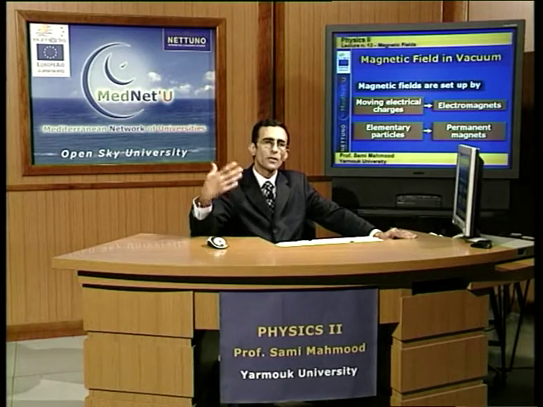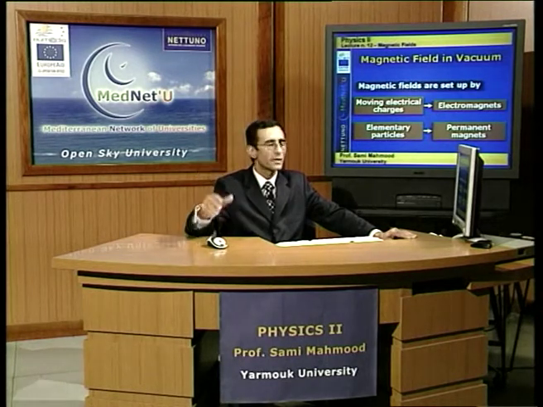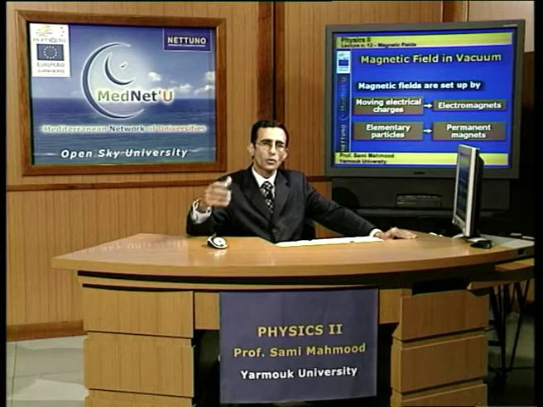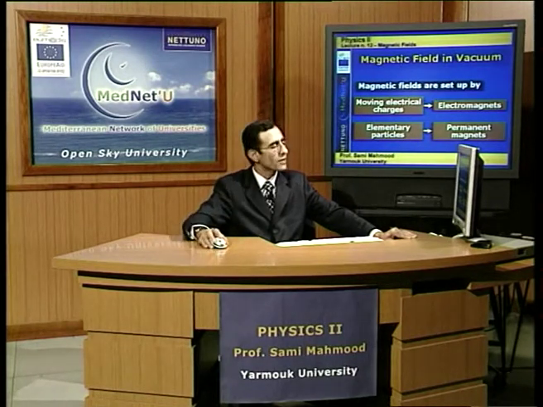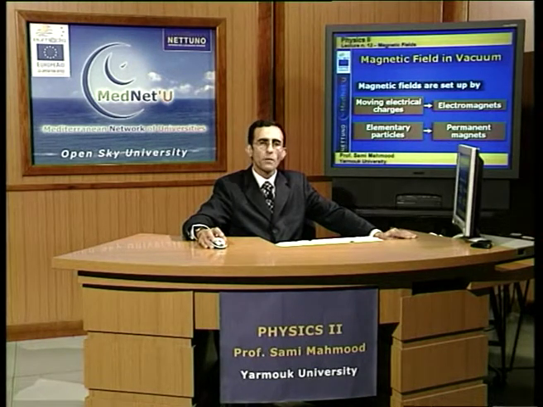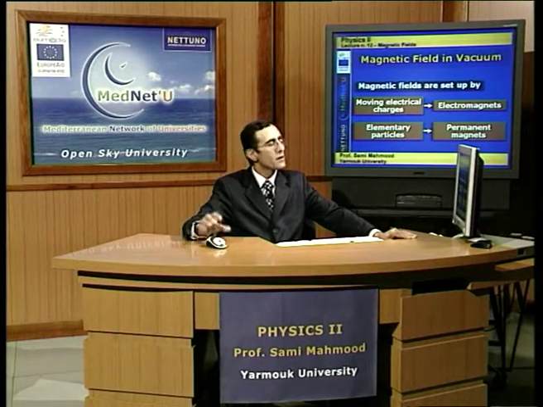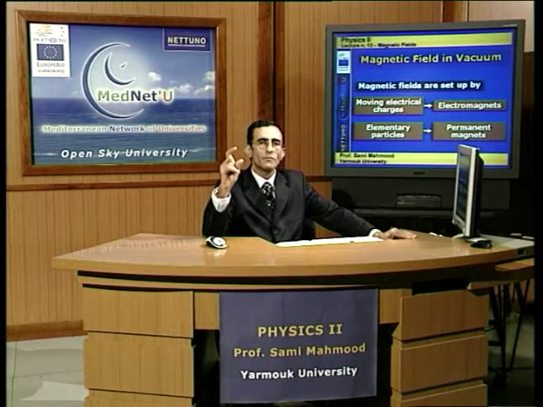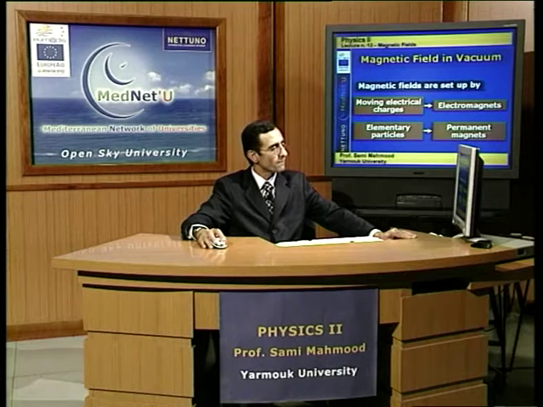The large aggregates of these elementary particles, which make up objects, can produce a macroscopic magnetic phenomenon in space. So we can set up magnetic fields in space by elementary particles, which constitute objects like permanent magnets, the permanent magnets that we use in our everyday life.